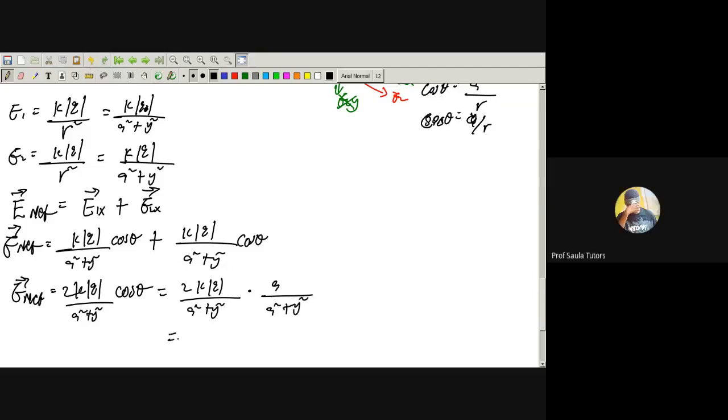Okay. So my net electric field will now be equal to what? It's now equal to 2akq over a square plus y square all square.